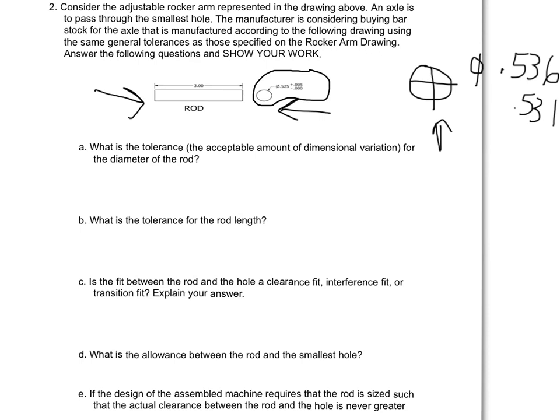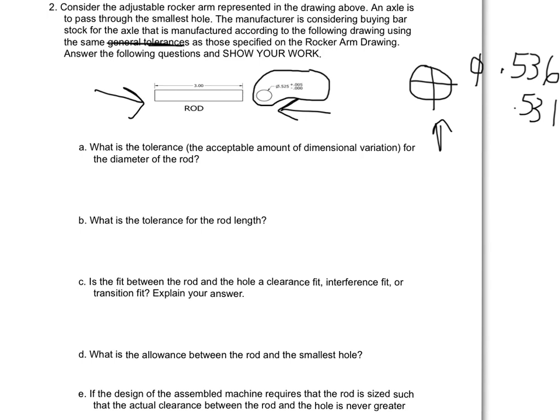So if you go back to the adjustable rocker arm and you look at the general tolerances, which they're talking about here, I see that anything that has one decimal point is plus and minus 0.03. So let me check this a little bit closer. Okay, looking back at that, I am not certain, so I'm going to tell you how I'm reading it.